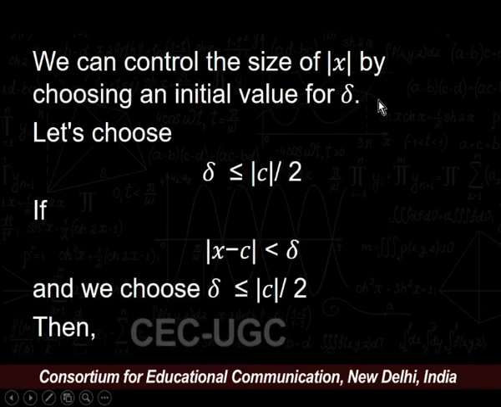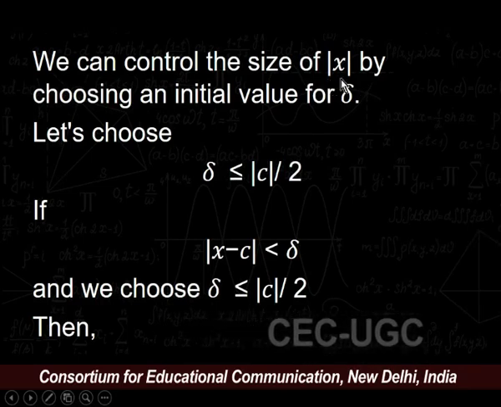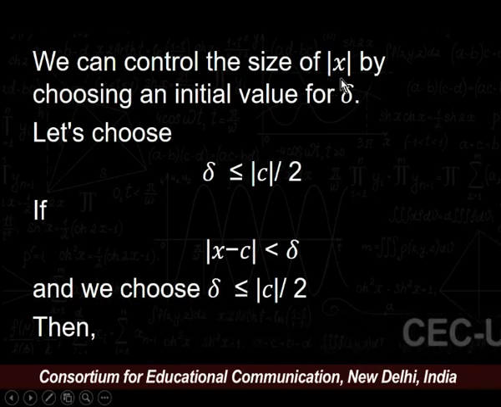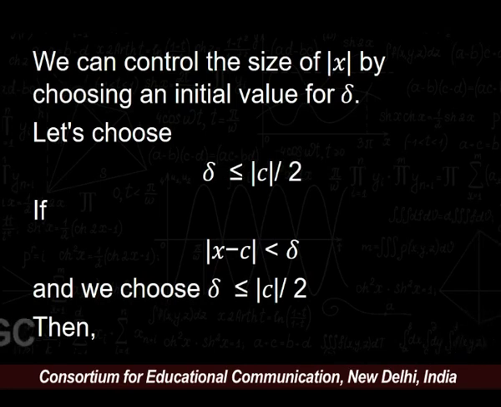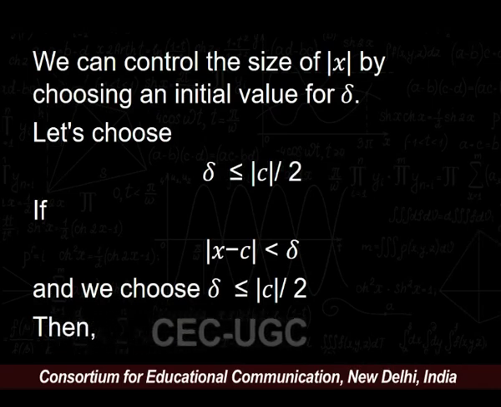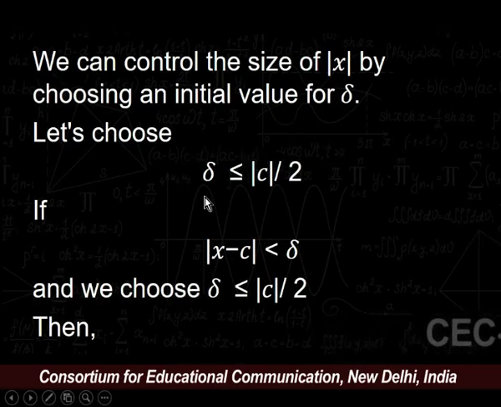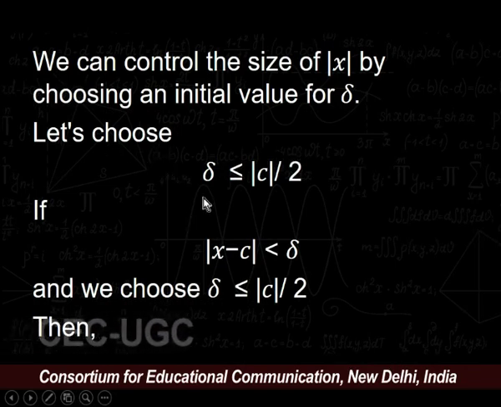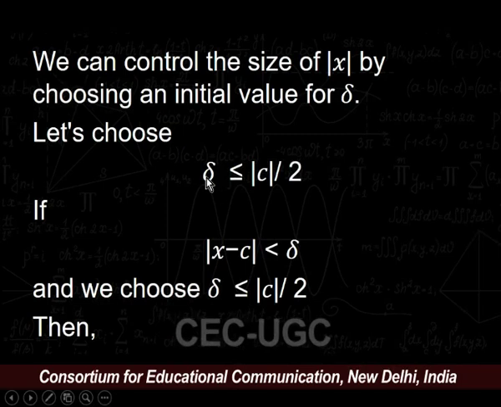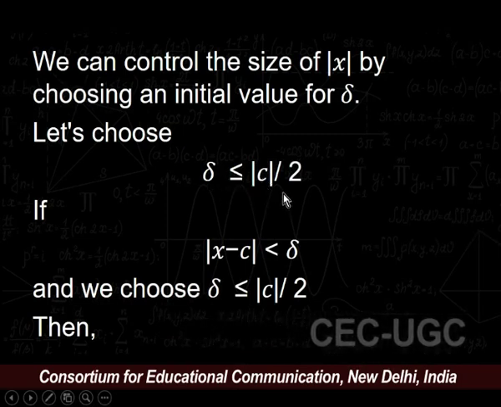We can control the size of |x| by choosing an initial value for delta. Let us choose delta less than or equal to |c|/2. Again, I repeat, let us choose delta less than or equal to |c|/2.